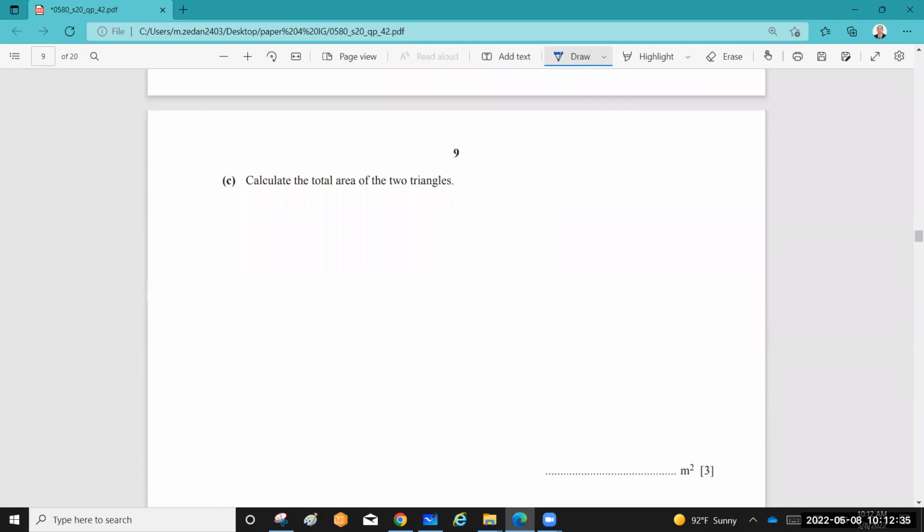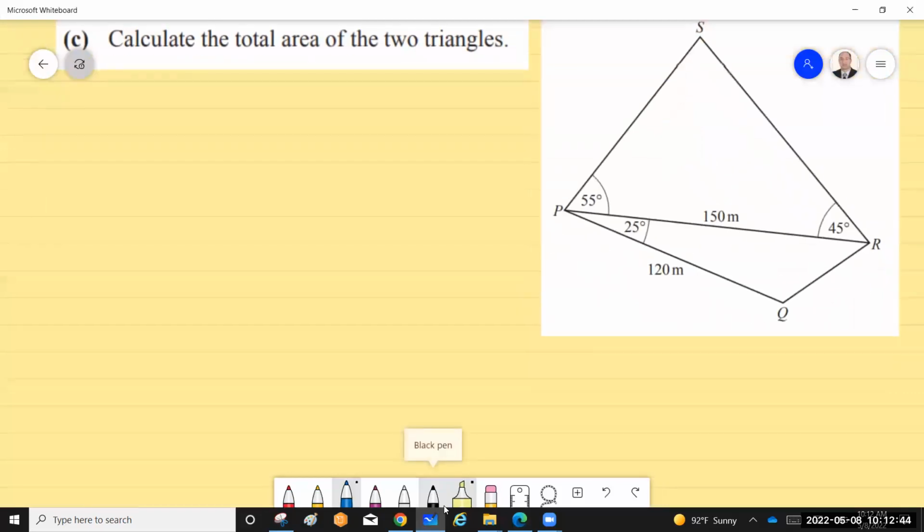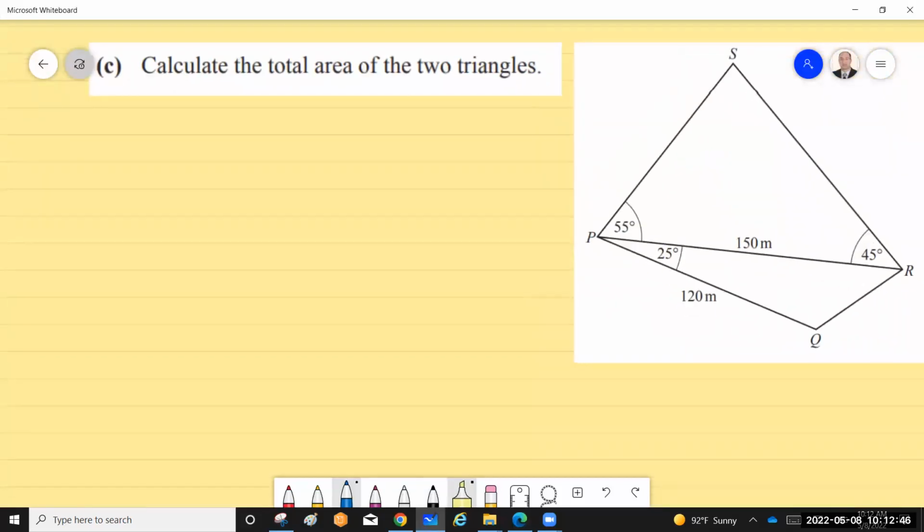Okay, calculate the total area of the two triangles. The figure, as you see, consists of two triangles.